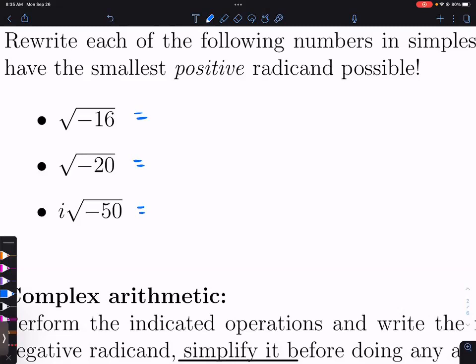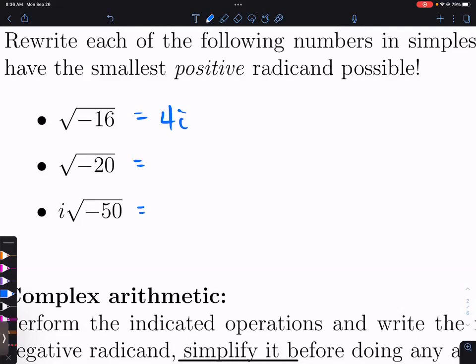All right, so what's the square root of 16? 4. What's the square root of -16? i times 4, or normally we write that 4i.